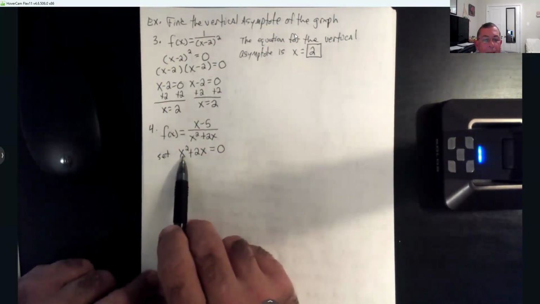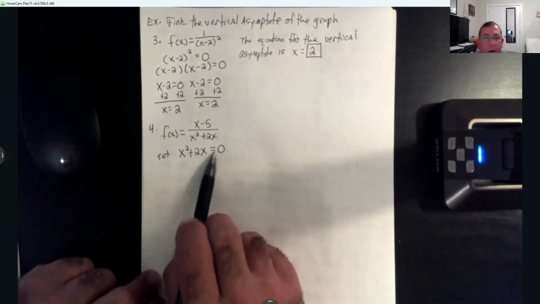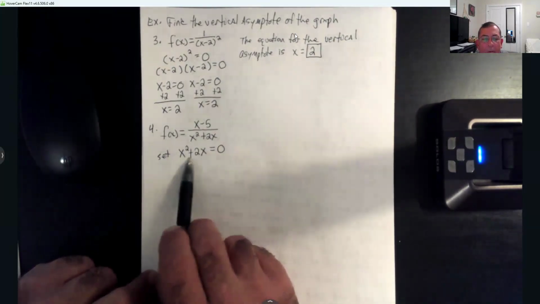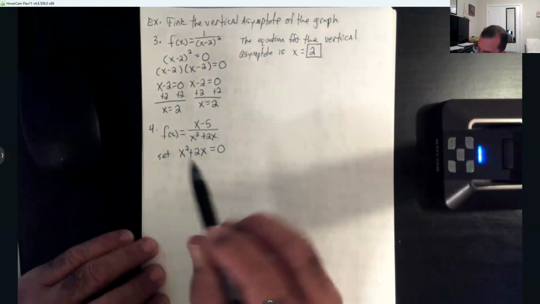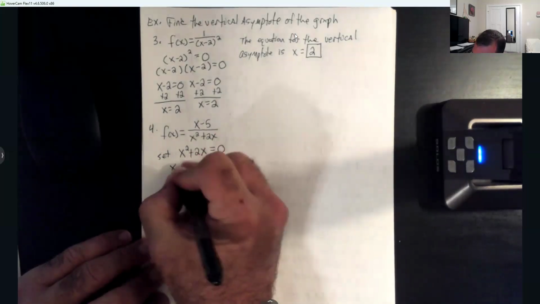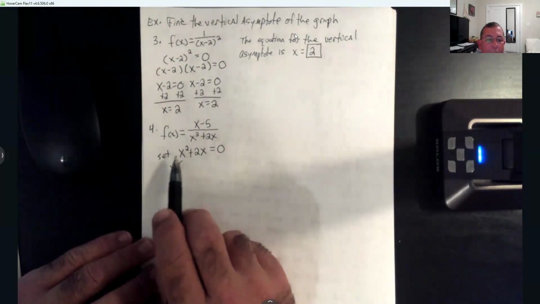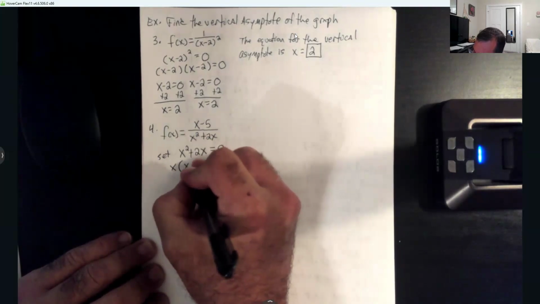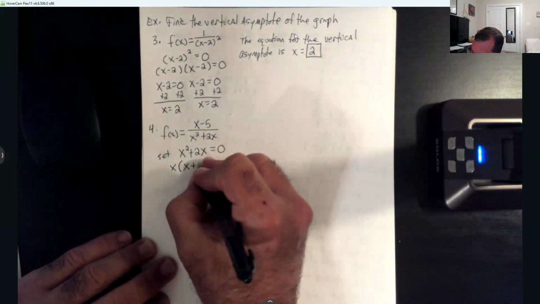So y'all, when you've got an x squared and a number with an x, and you don't have that third term up here, if you've got x's in both of these terms, your first move is to factor out an x. So you would factor out an x, and then x squared divided by x leaves me an x, plus 2x divided by x leaves you a 2.